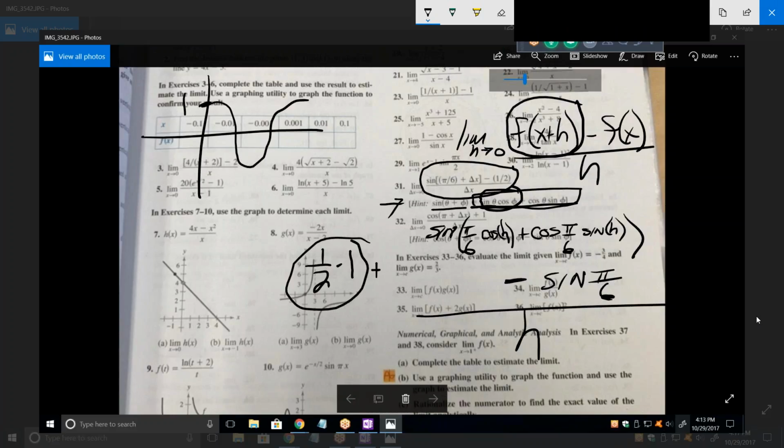What's cosine of pi over 6? 30 degrees. That's square root of 3 over 2. What's the sine of 0? 0. Okay. And now I'm subtracting from that the sine of pi over 6, which is 1/2.